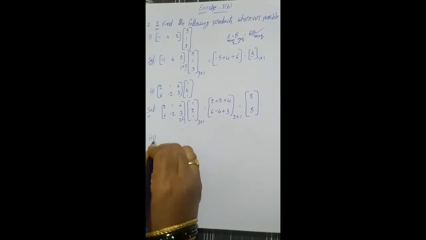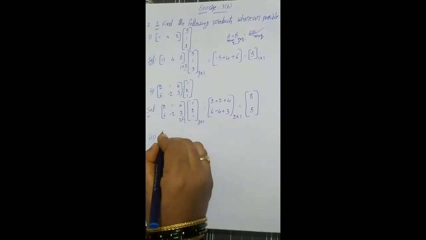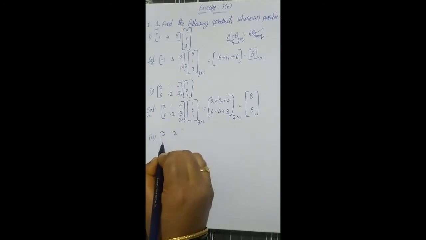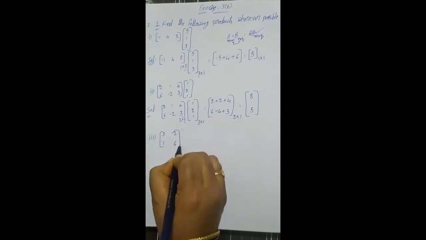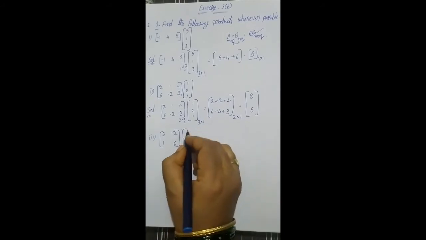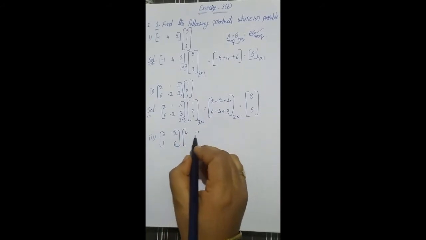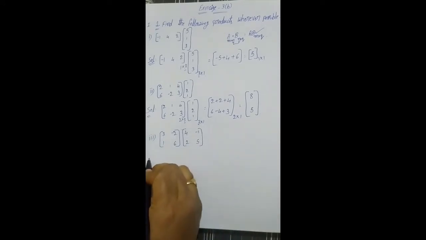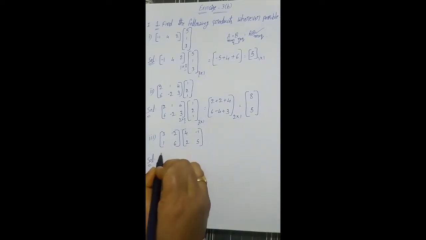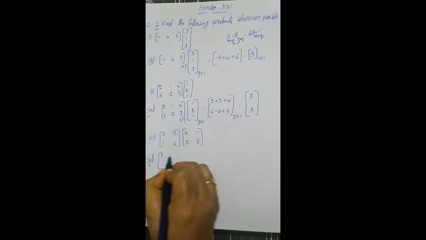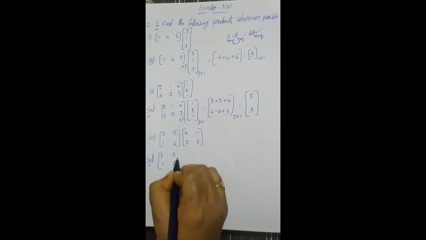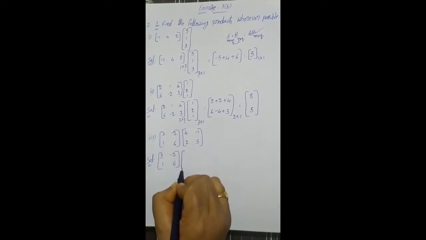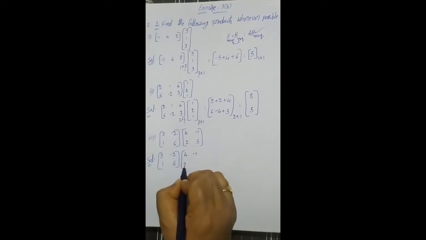In the third problem, the given matrices are 3, -2, 1, 6. Second matrix is 4, -1, 2, 5. Then taking the solution, write down the given matrices 3, -2, 1, 6, and the second matrix 4, -1, 2, 5.